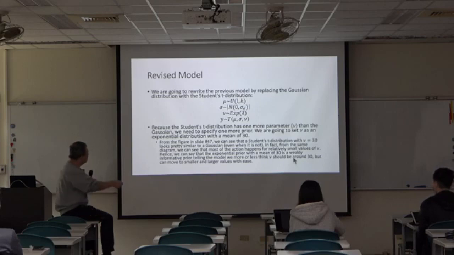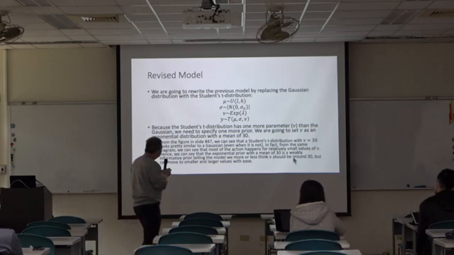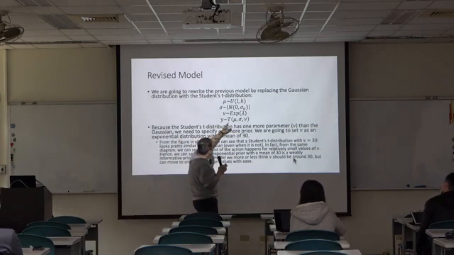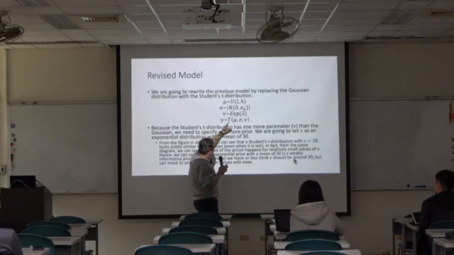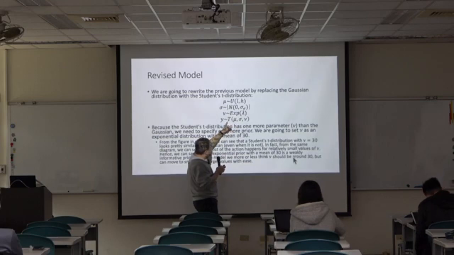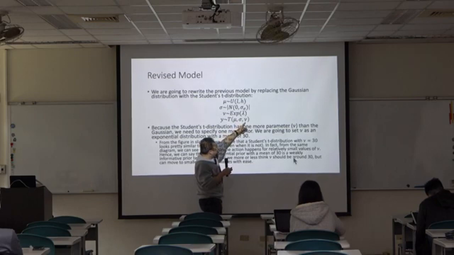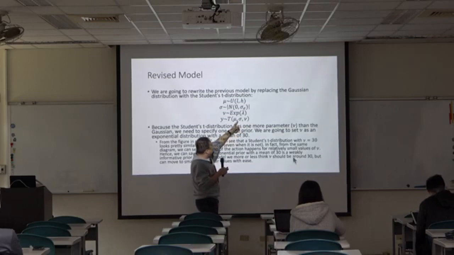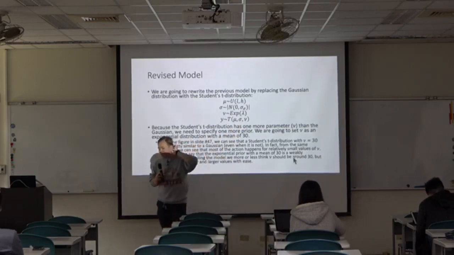Originally we used a normal distribution here, but now we use the Student's t-distribution. And remember, if you use the Student's t-distribution, we have mu, sigma, and v. Sigma represents the scale.